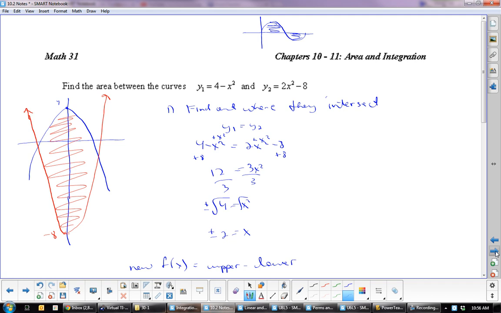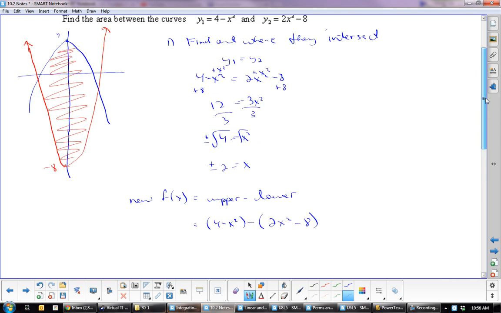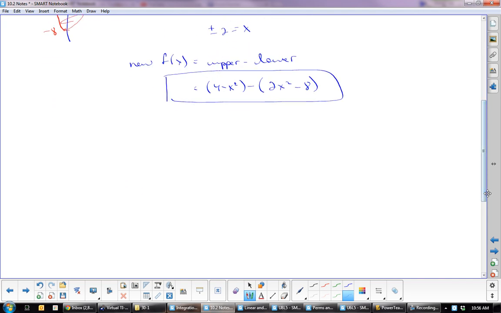If they're not on top of each other, then you're not going to do upper minus lower. You're going to have to do this plus absolute value of that. And that's why a diagram will show you which approach you're going to take. No, you don't have to do absolute value here. It just works out. Because you did this equation, you're not even going down that road of the two areas, right? But if you were doing it the other way, yes, you'd have to do the upper, absolute value of the lower, and add the two areas together.